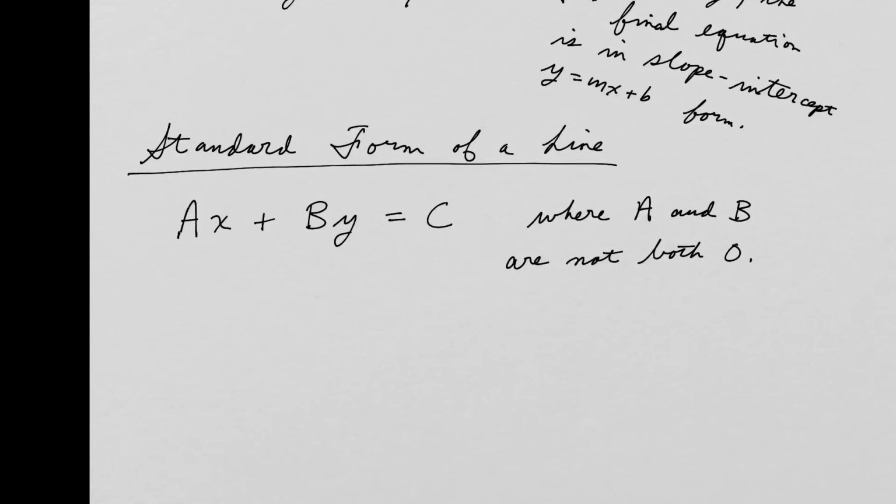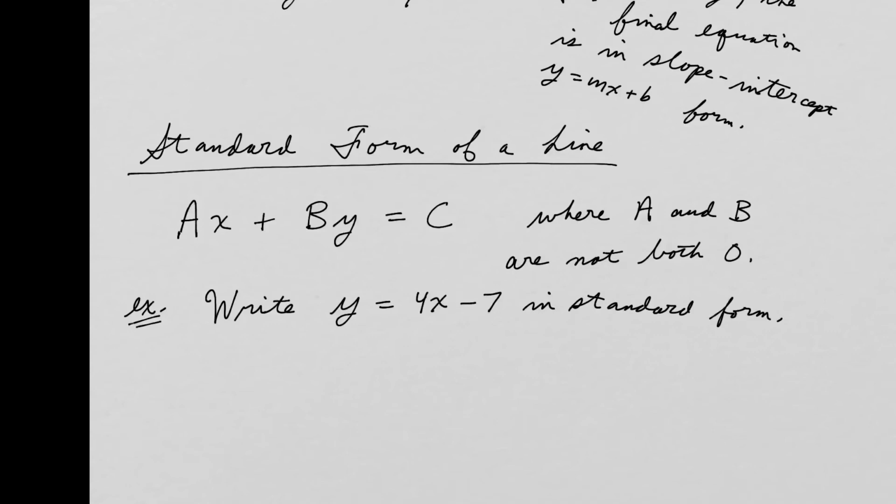Okay, as a quick example, let's say I give you some equation of a line in slope-intercept form, and I want to write it in standard form. So I want to write y equals 4x minus 7 in standard form. How do I do that? Well, I have to get it in the form ax plus by equals c.